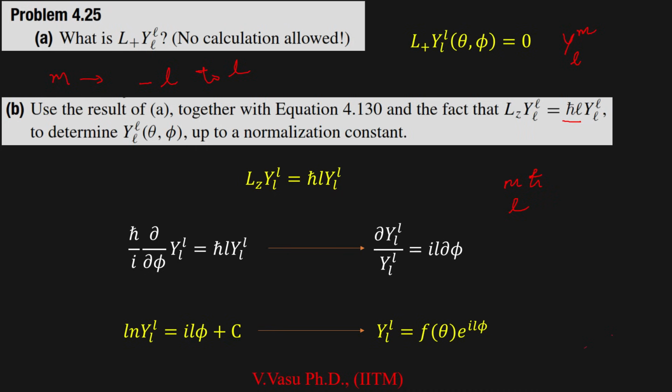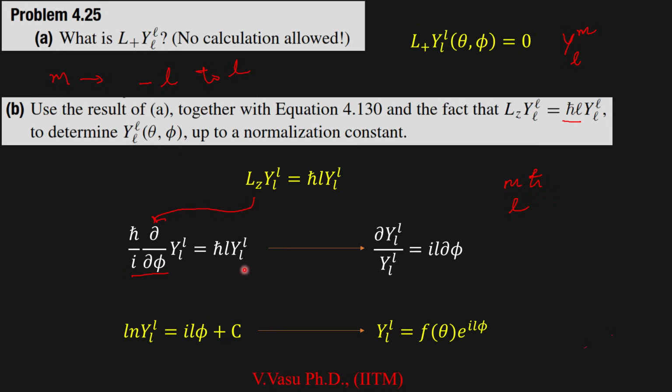What is Lz? By definition, Lz is equal to ħ over i times the partial derivative with respect to phi. When it acts on Y_l^l, it gives you the eigenvalue ħl and eigenfunction Y_l^l.